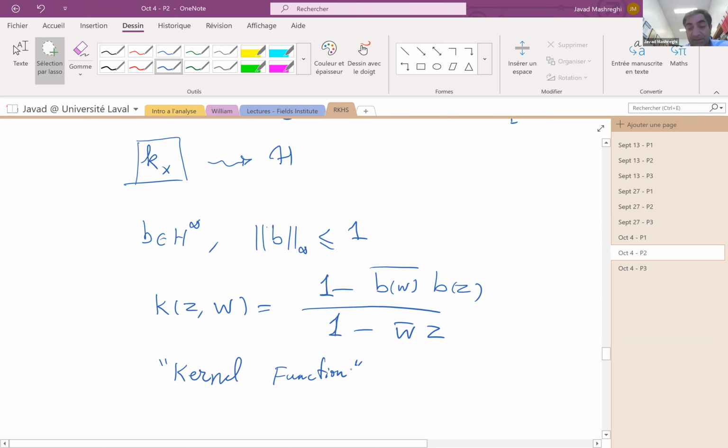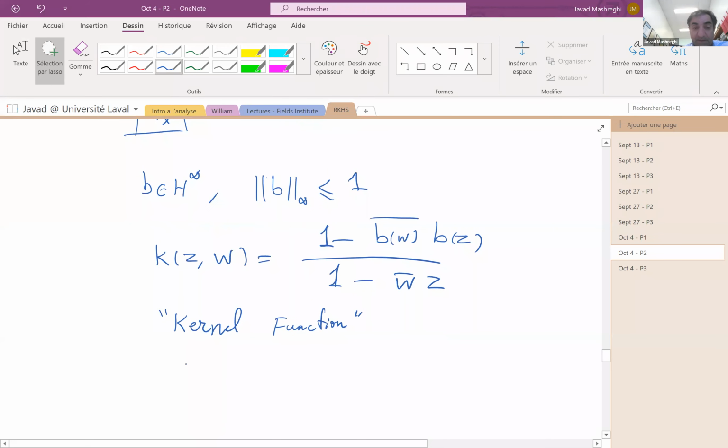And based on the theorem I will prove later, it gives a unique space H such that its kernel is precisely equal to this one. But at this point, you cannot tell what this space is.